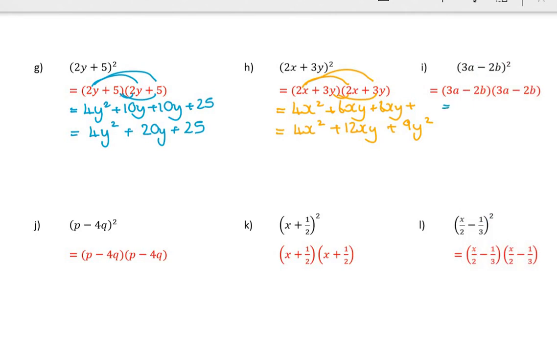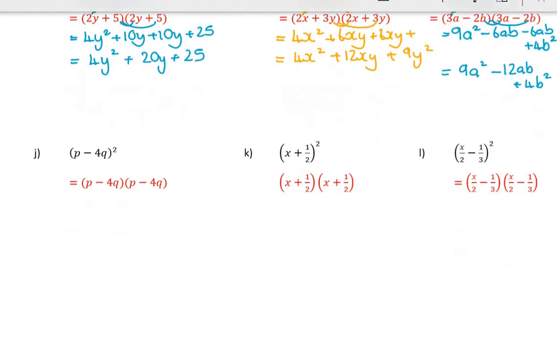Okay, last one in this row, that is 9a squared, minus 6ab, minus 6ab, plus 4b squared, and then my like terms make it 9a squared minus 12ab plus 4b squared.